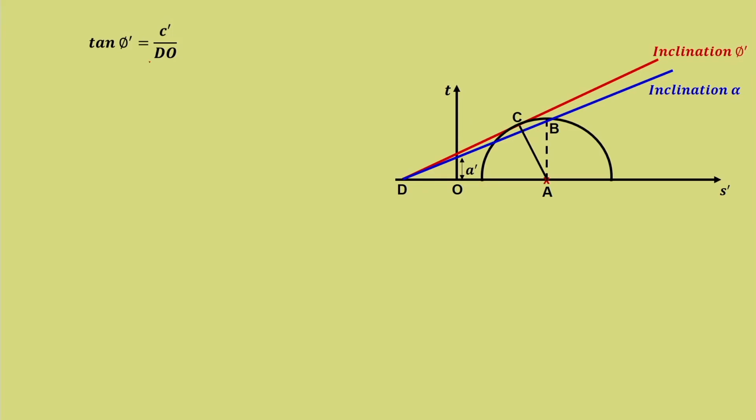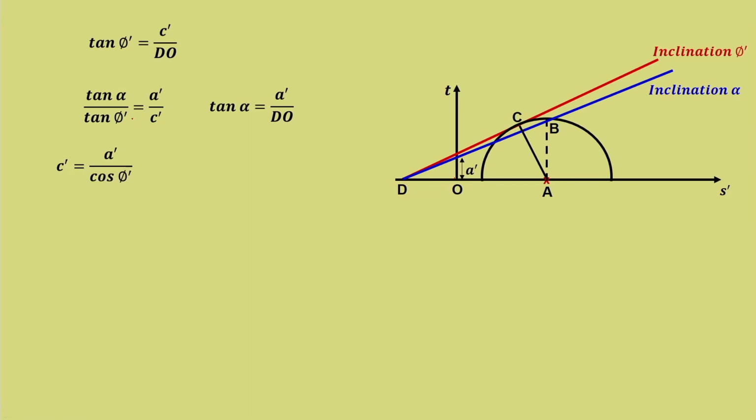Now, we also know tan phi dash is equal to C dash by DO, considering the red line, the intercept C dash divided by DO. If I write tan alpha by tan phi dash, where tan alpha is equal to A dash by DO, we can write A dash by C dash. So, tan alpha by tan phi dash is equal to A dash by C dash.